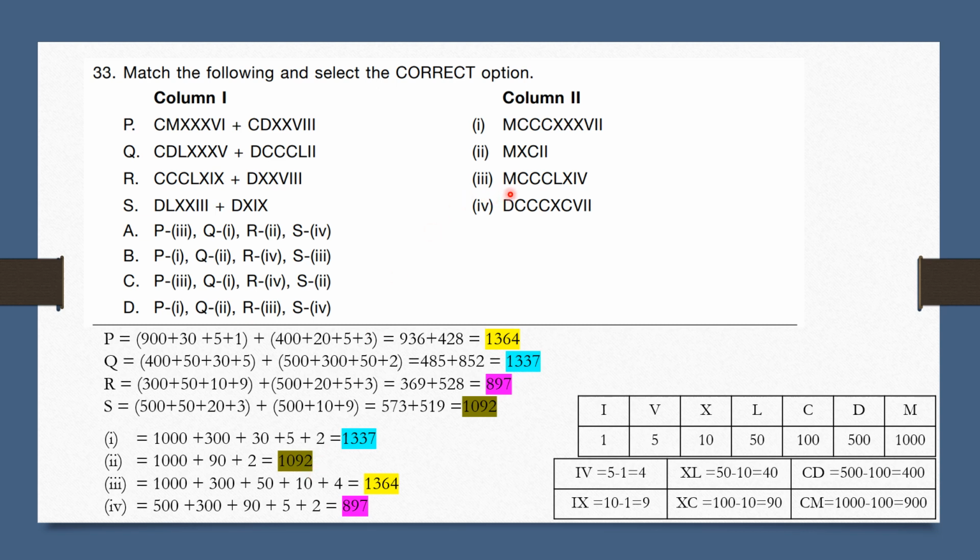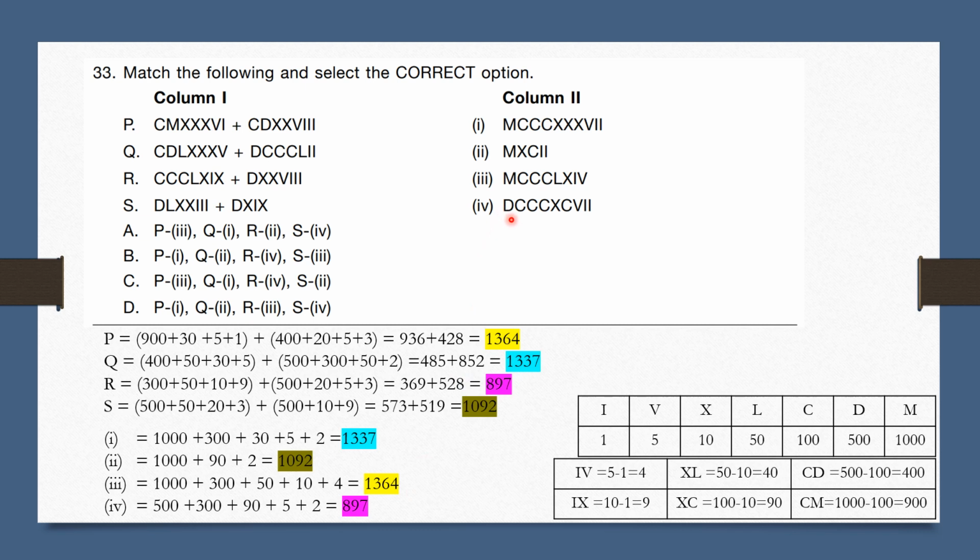Let's see the value of 3. M is 1000, C is 100, so triple C is 300, L is 50, X is 10 and IV will be 4 here. So total value is 1364. Let's see the value of this.